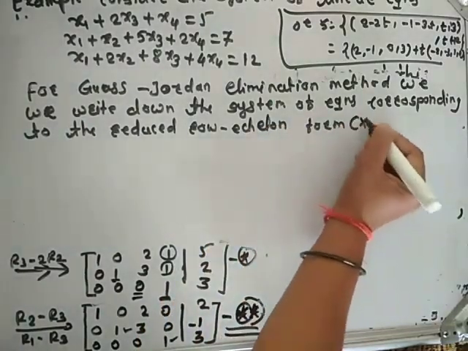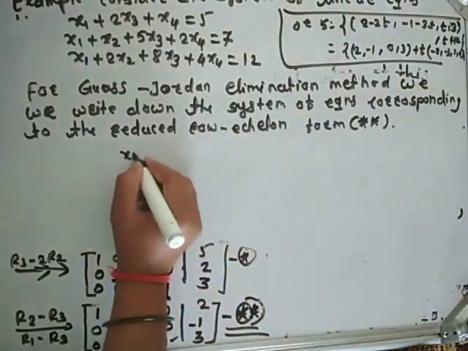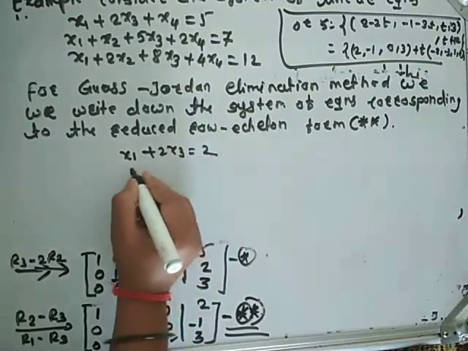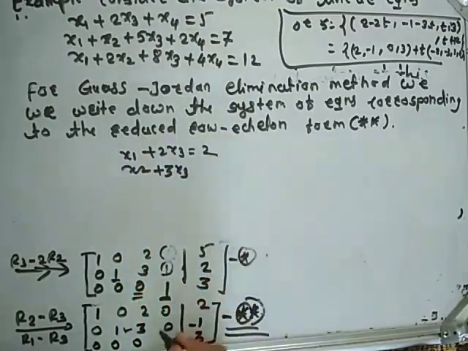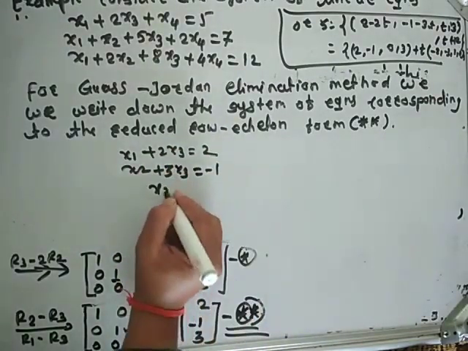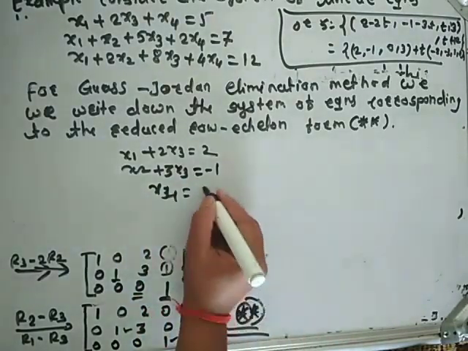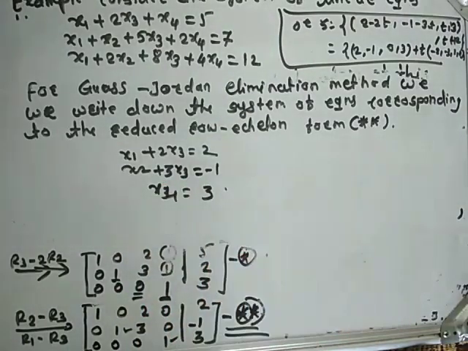For double star, we get x1 plus 2x3 is equal to 2, x2 plus 3x3 is equal to minus 1, and last is x4 is equal to 3.